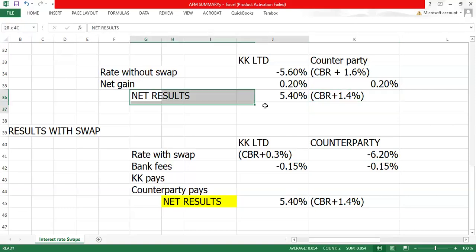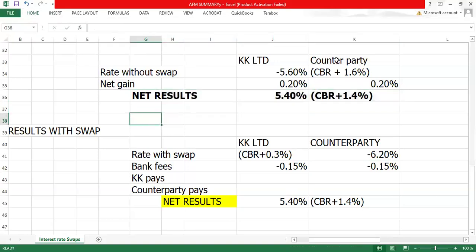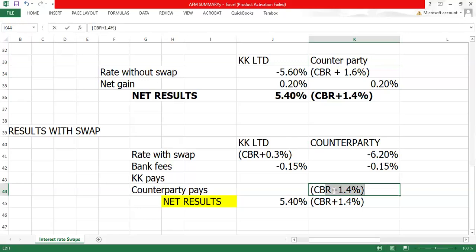When you look at your net results, who is paying CBR? The counterparty is paying CBR. So after knowing that, you come here and put the counterparty where you have the column of counterparty. Counterparty is paying CBR.